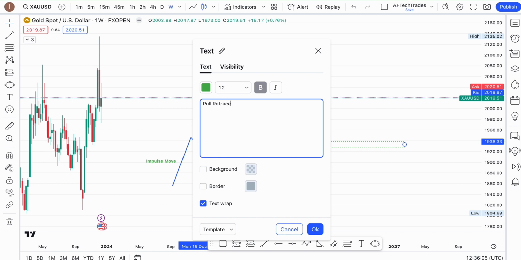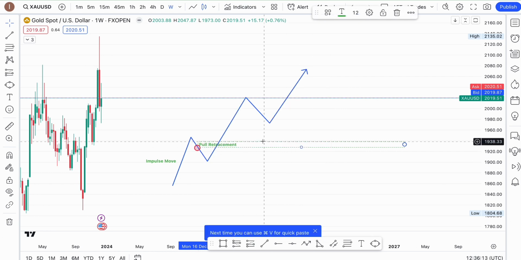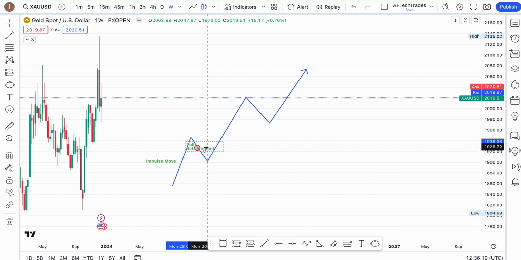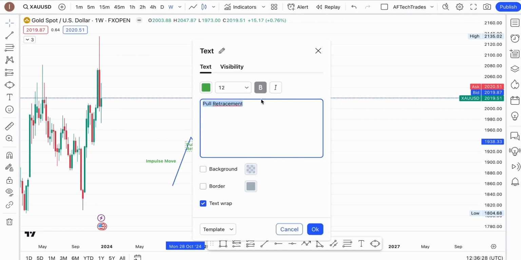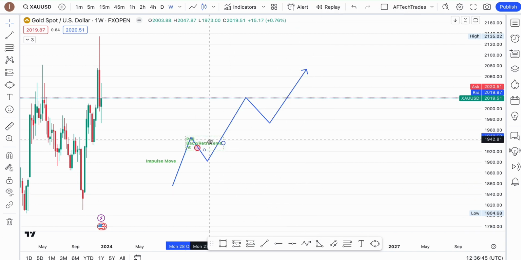So this here is our pullback or retracement. Or pullback or retracement. You get it?